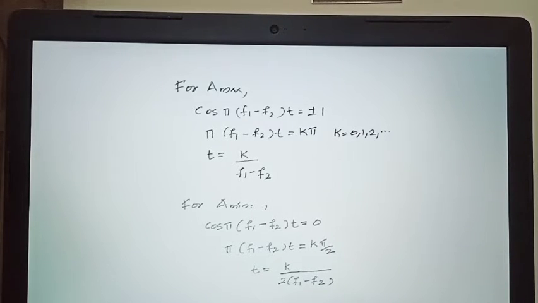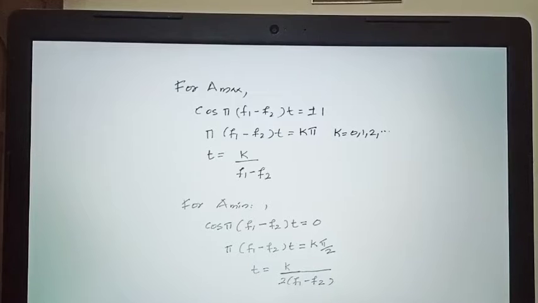When an incident wave is reflected from a bounded medium, and both the incident wave and reflected wave are present in the same medium, they superpose, and we get a standing wave pattern. In standing wave patterns, we have zero amplitude points and high amplitude points.